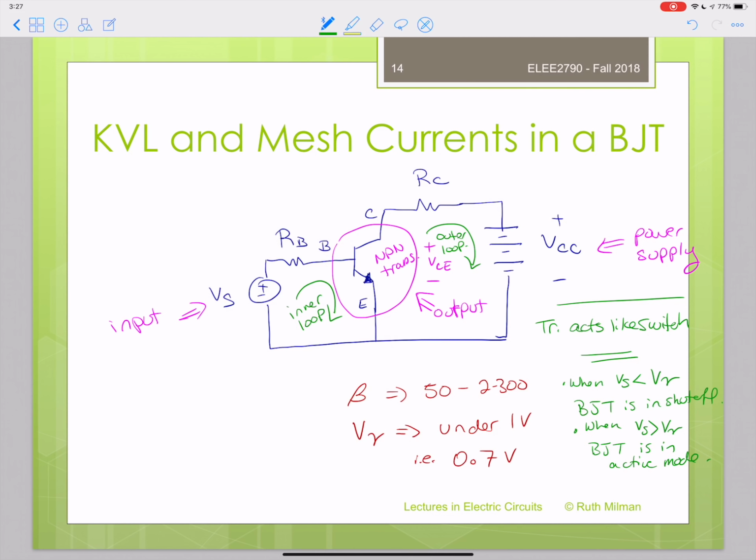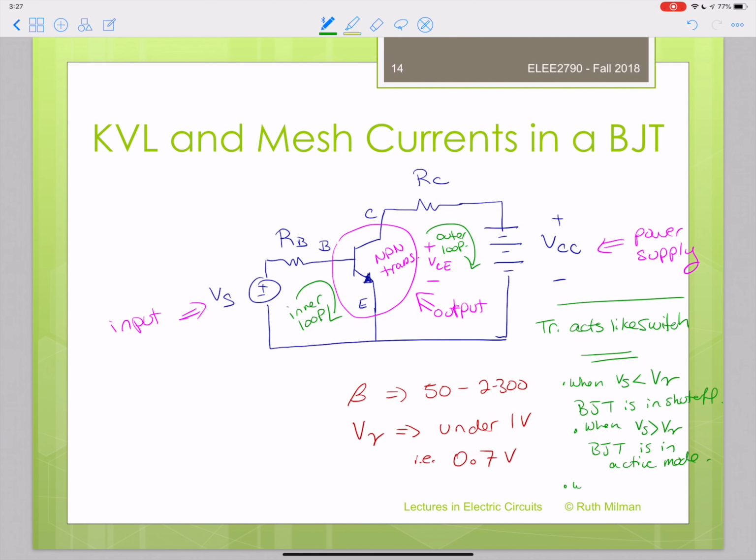Now, the bipolar junction transistor will be in active mode, and the current that goes through the collector down to the emitter is going to always try to be beta times the base current. But that's only going to fly as long as there's enough power to supply that.